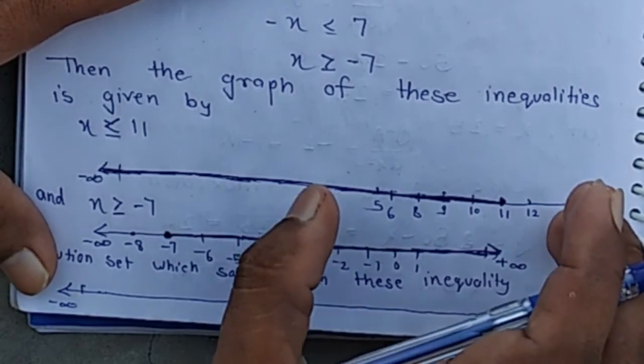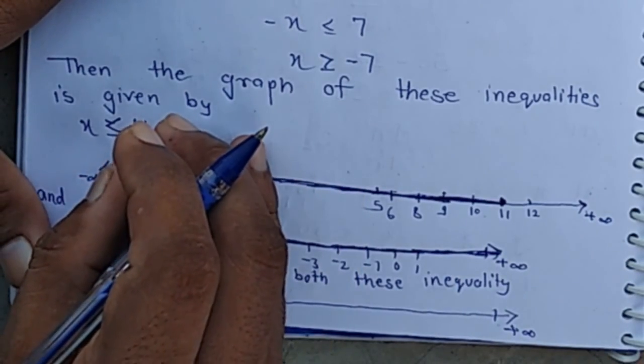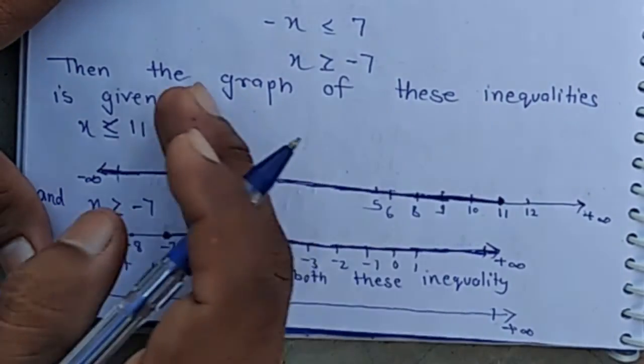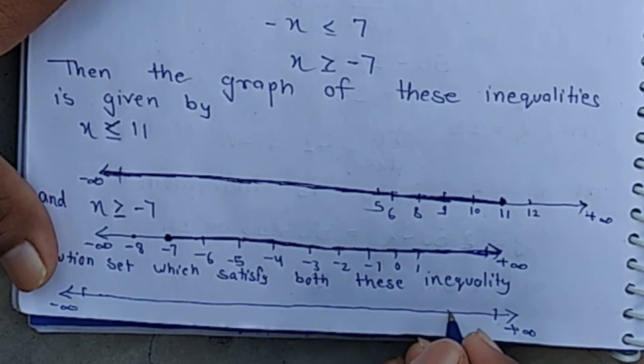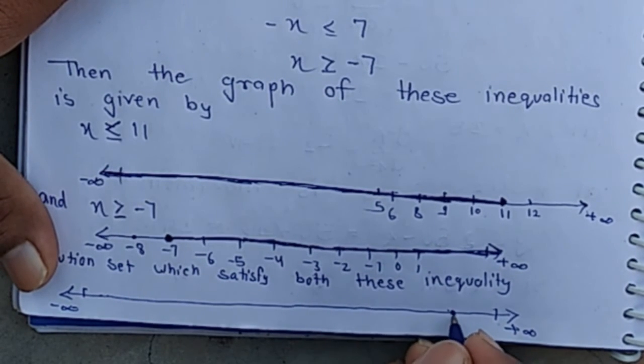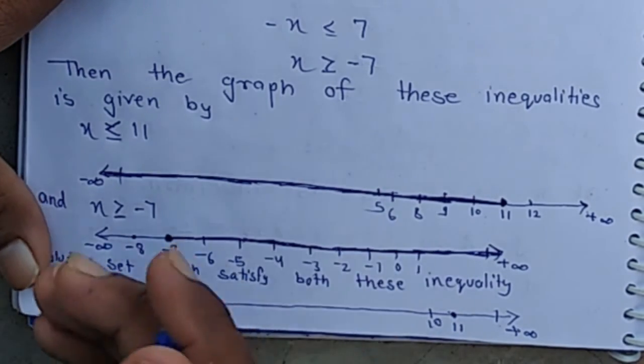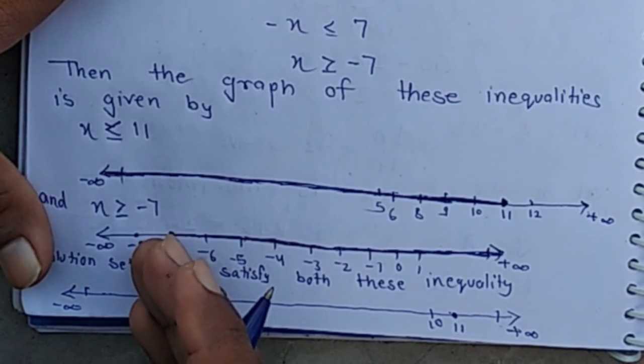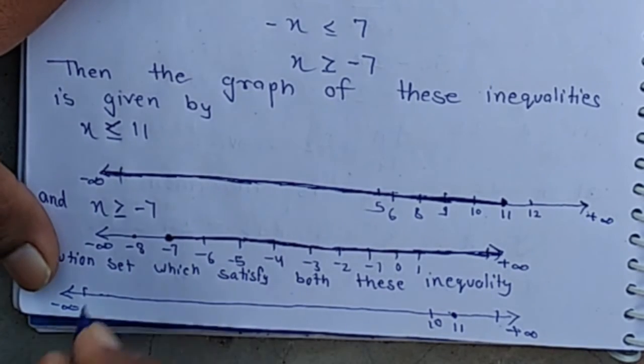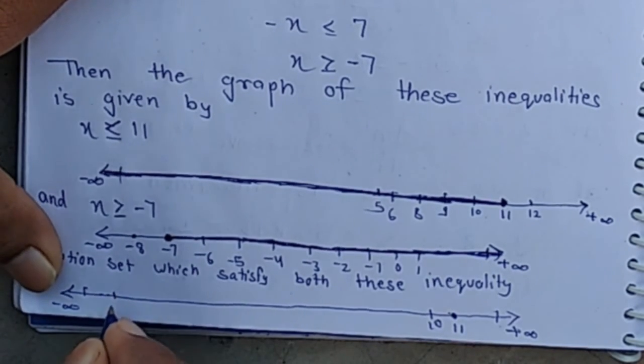From the first inequality x is less than or equal to 11, we have all values less than 11. From the second inequality we have all values greater than minus 7.